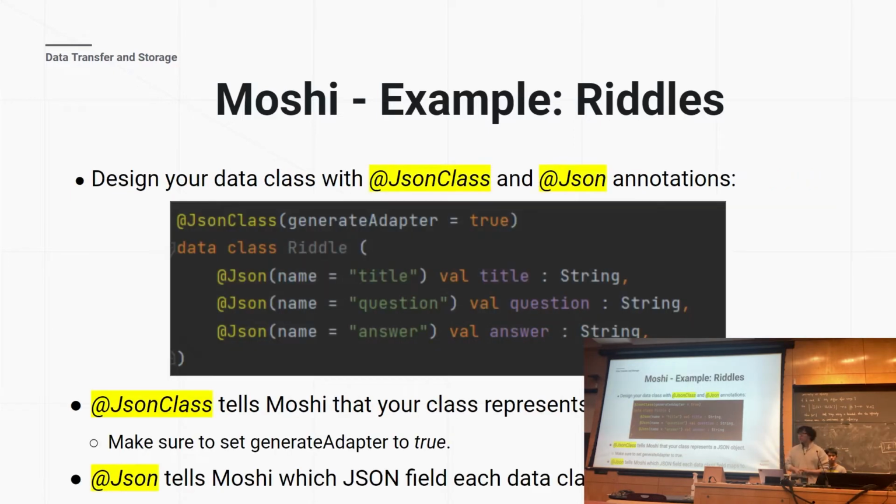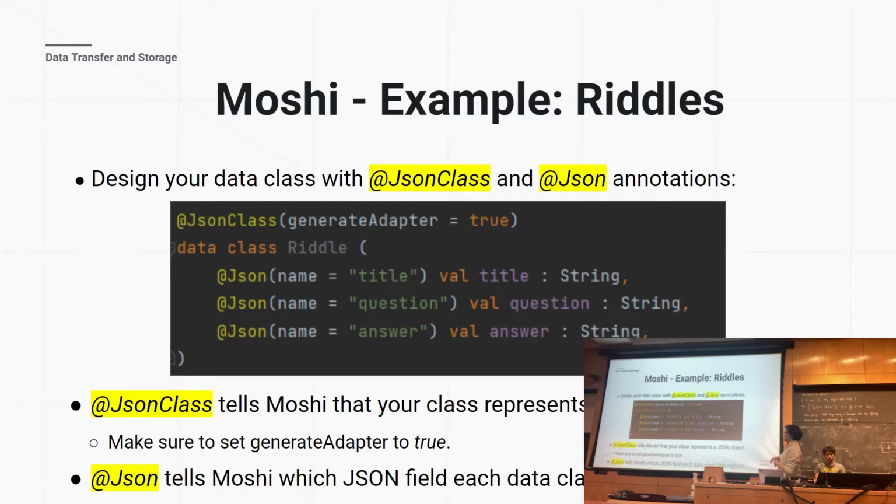Well, here we use these two @ symbols called JSON class and JSON annotations. And so JSON class tells Moshi that this class represents a JSON object, and JSON tells Moshi that these are the JSON fields that need to be mapped to these specific instance variables.